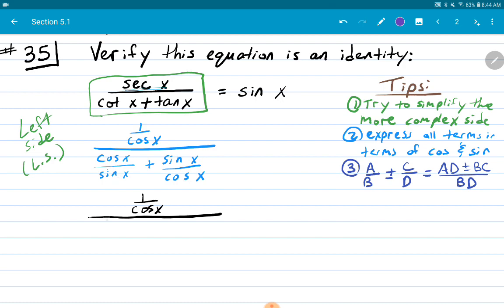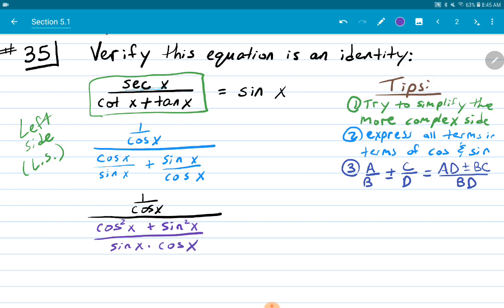When I add those together, I get cosine x squared plus sine x squared over sine x times cosine x.